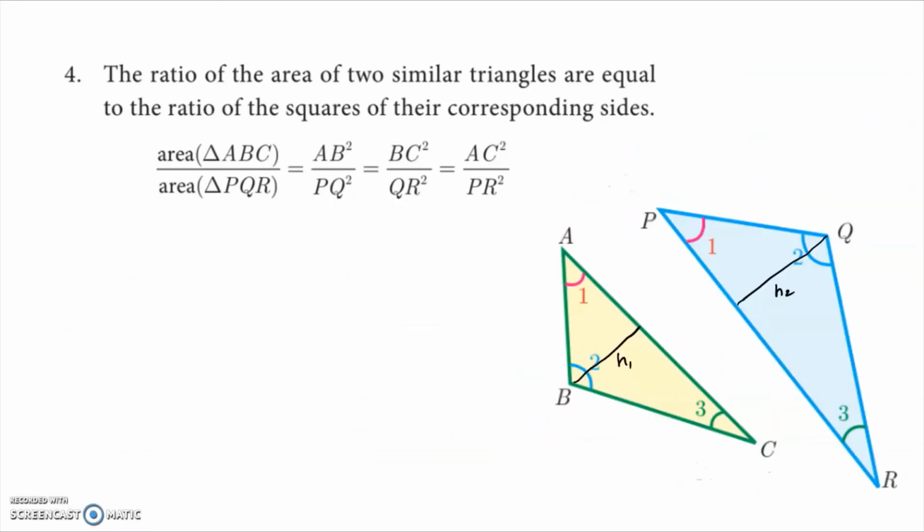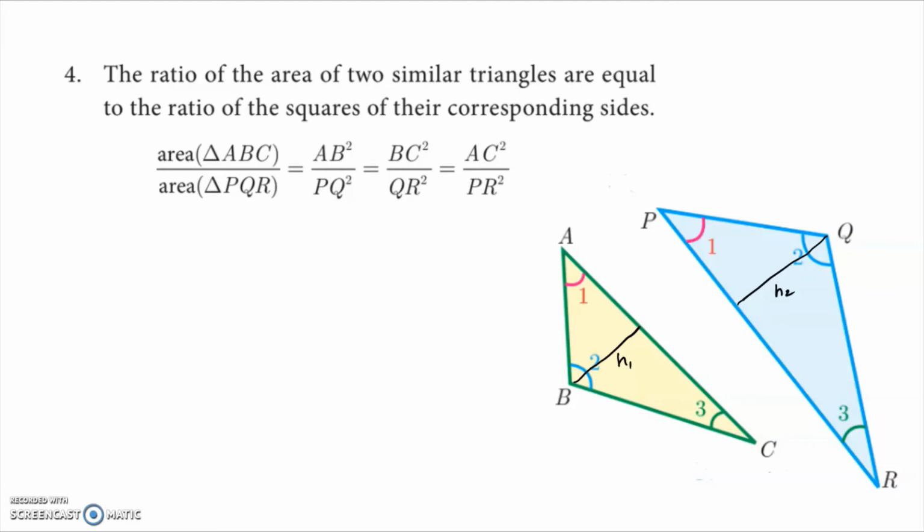Property 4 says the ratio of the areas of two similar triangles is equal to the ratio of the squares of their corresponding sides. Alright, so which means the ratio of the area, which is area of ABC over area of PQR, is equal to the ratio of the squares of the sides.